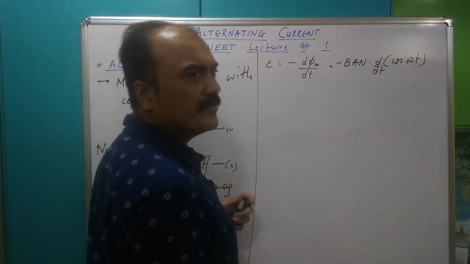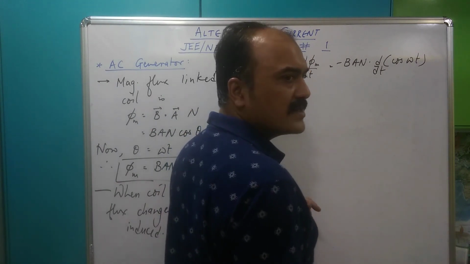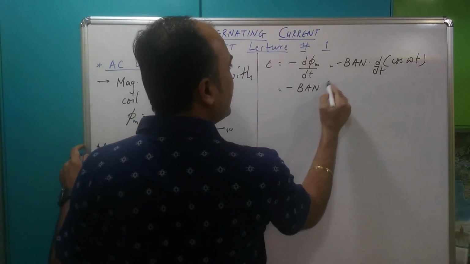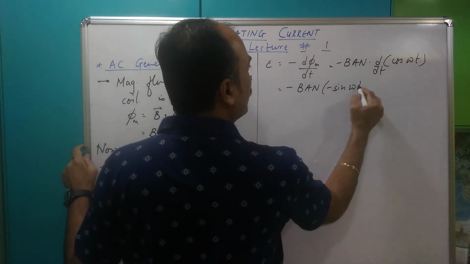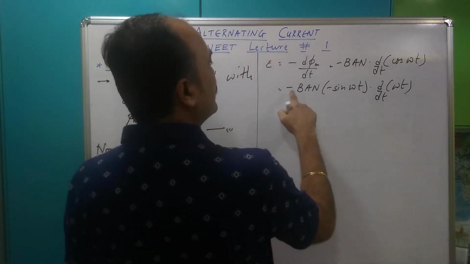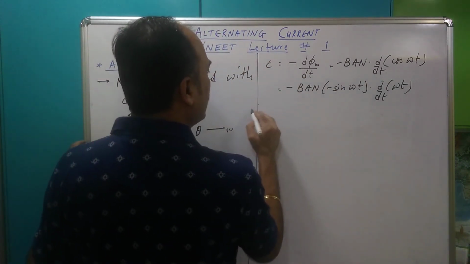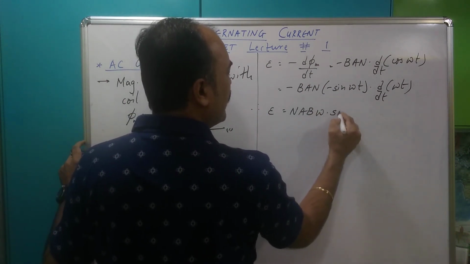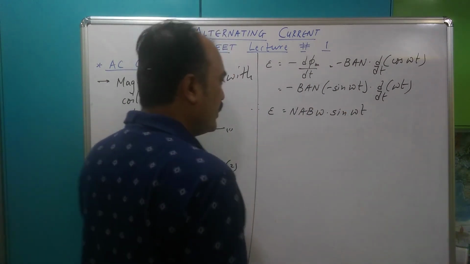D by dt of cos something is minus sine something, and as a result you get minus BAN minus sine omega t into d by dt of that something, which is omega t. Minus minus will go away, omega comes out, so epsilon is NAB omega sine omega t.